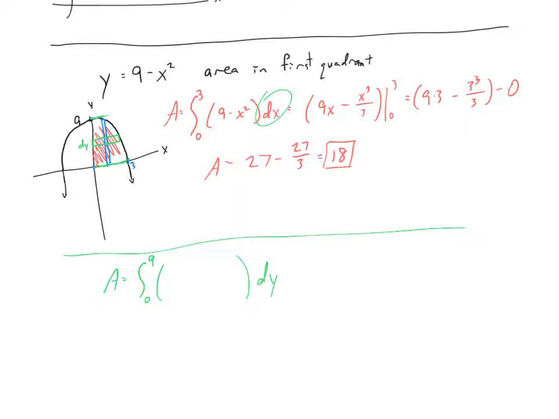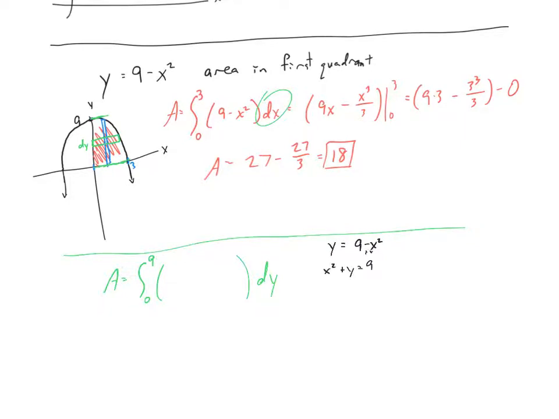All right, but what's the function that I'm integrating? Well, the equation is y equals 9 minus x squared, right? And if I want to integrate with respect to y, I need to solve that. So I need to add x squared: x squared plus y equals 9.